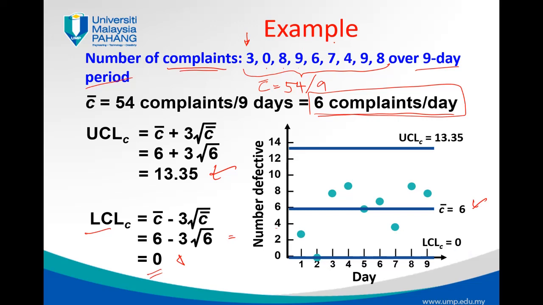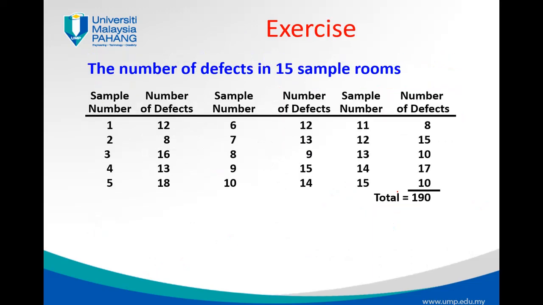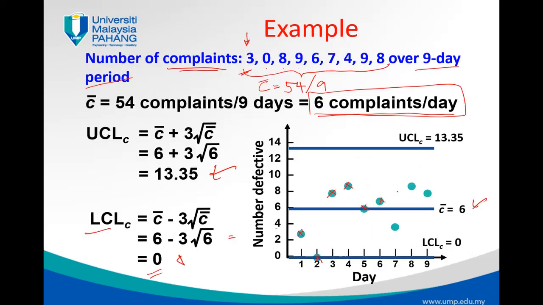The number of complaints for the first day is 3, then 0, then 8, 9, 6, 7 and so on. Based on this graph, there is no point out of the limit; all the points are within the limit.